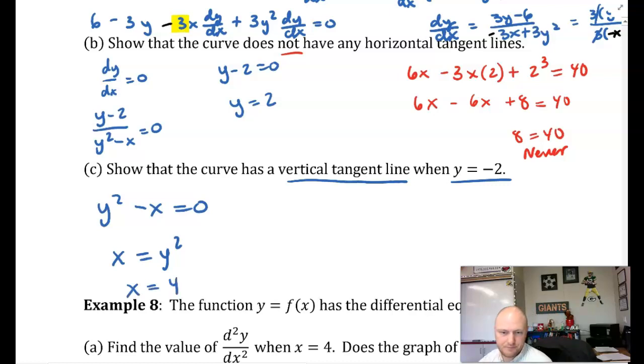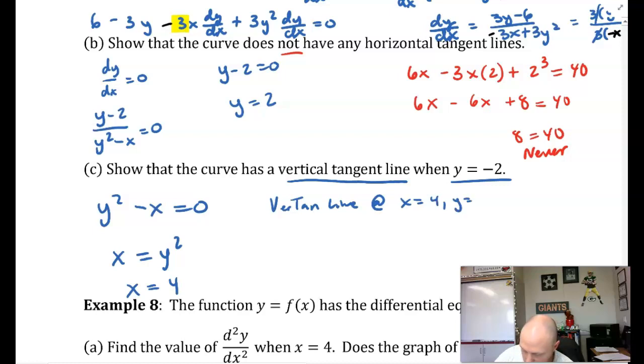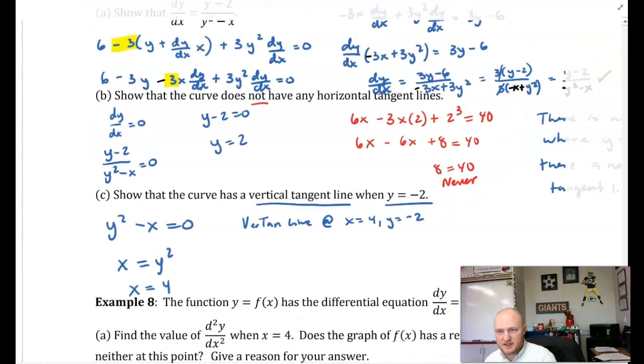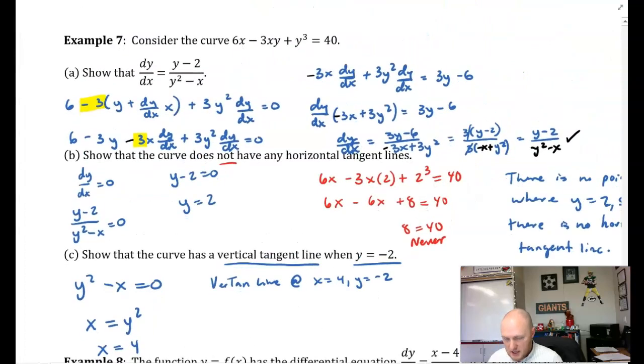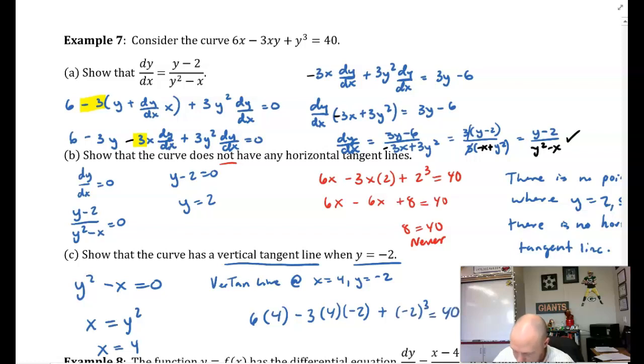Okay. So I have shown that there is a vertical tangent line at this point: vertical tangent line at x equals 4, y equals negative 2. But I need to show that this point exists on the curve. So I'm going to plug this in. So I have 6 times 4 minus 3 times 4 times negative 2 plus negative 2 cubed equals 40.